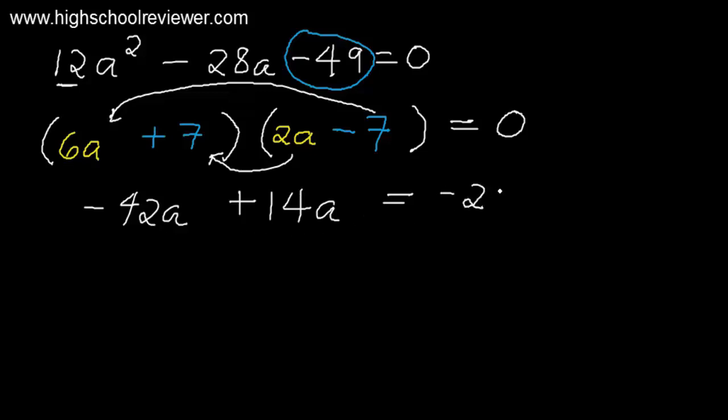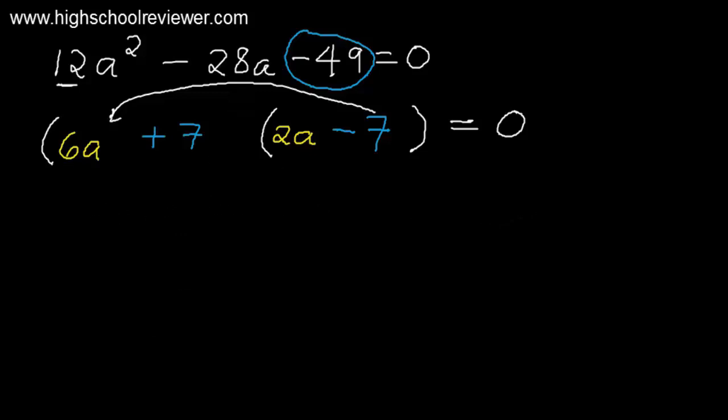This is negative 28a. So therefore, our two factors here are correct since negative 28a is equal to our second term. Okay, so we can erase this one. Since these two factors are now correct, we can now proceed to solving the values of a.